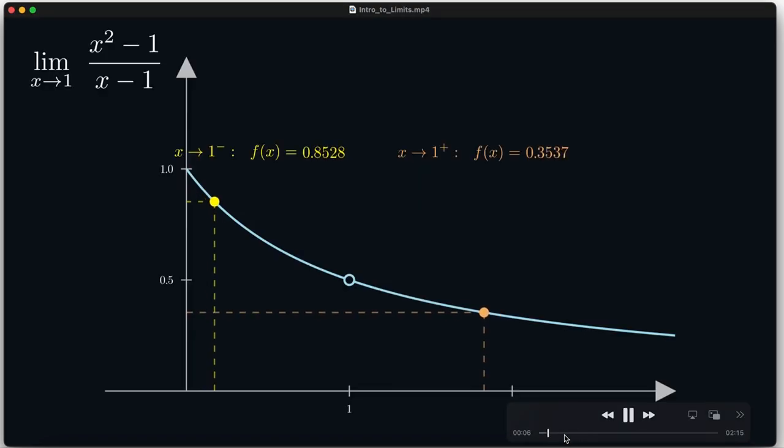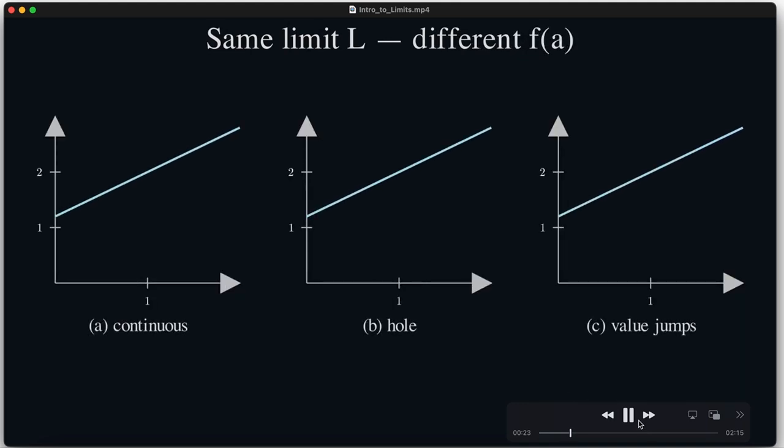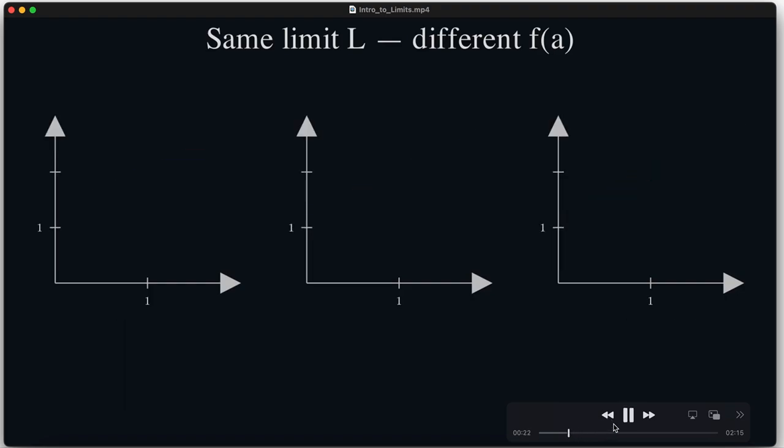Now let's look at the case in the middle. This is a case where there's a hole in the middle, and even though there's a hole, the limit is still 2. As I approach from both sides, the y value is approaching 2. And then the last case is the one on the right here.